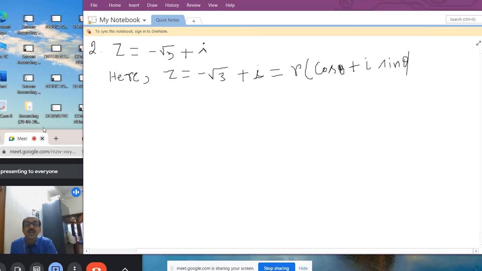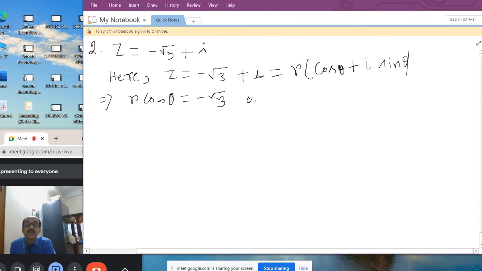Now comparing both sides, r cos theta equal to minus root 3, and r sin theta is equal to 1.